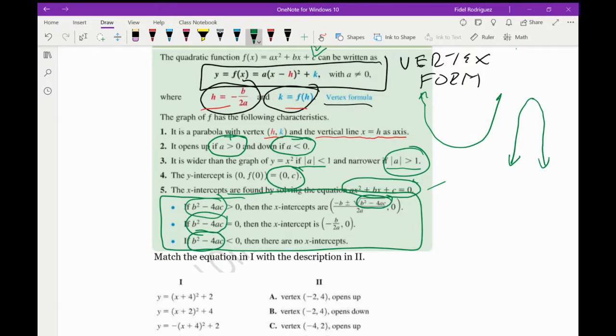All it's saying is if the number inside the square root is greater than 0, meaning positive, we're going to have 2 x-intercepts. If it's equal to 0, we're going to have 1 x-intercept, and this is going to be it right here. And if the number inside the square root is less than 0, meaning it's negative, we're not going to have any x-intercepts, okay?